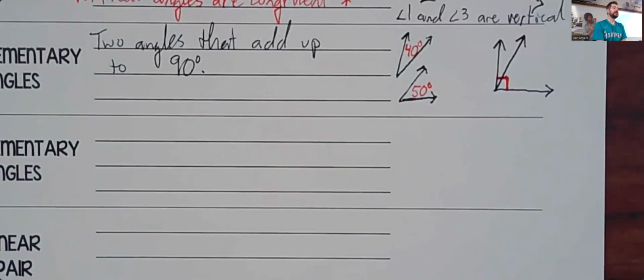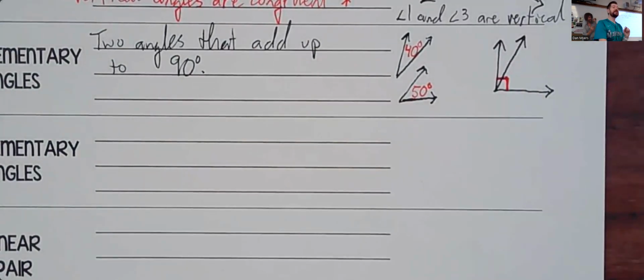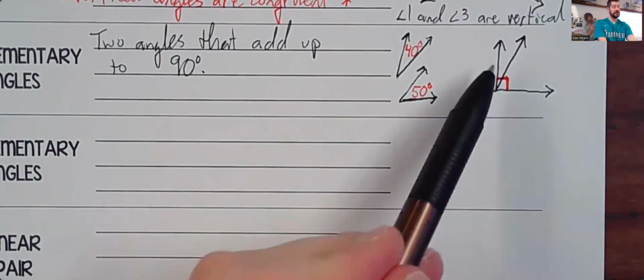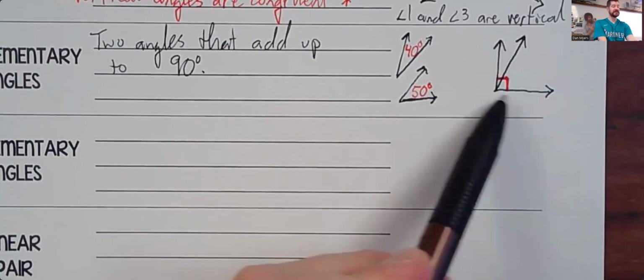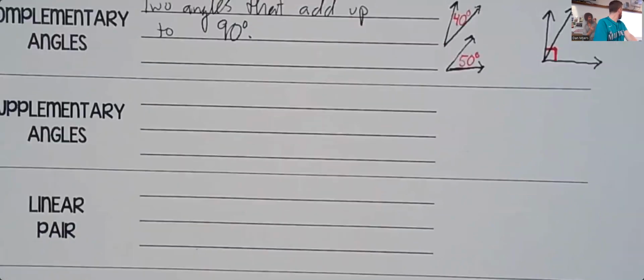That symbol means that the large angle there is 90 degrees. So no matter what, if you have a ray going through it, creating adjacent angles here and here, those two angles have to add up to 90 no matter what. We don't know what the angles are individually, but we know that they're complementary because those two end up making this 90-degree angle. So either way, they have to be complementary. All right, let's keep going.